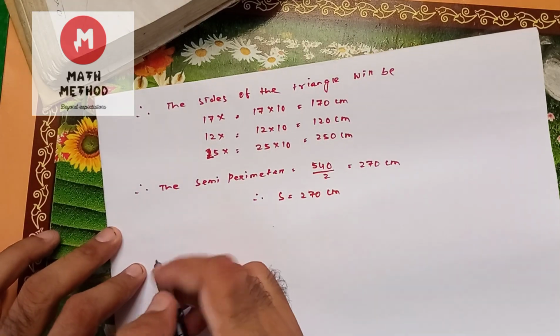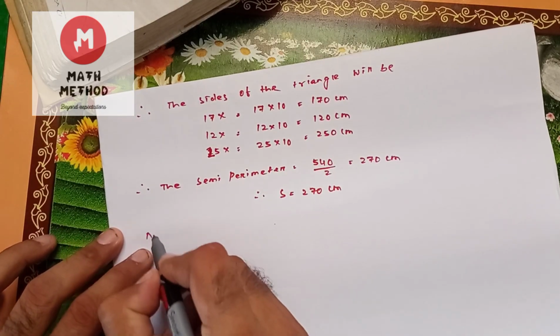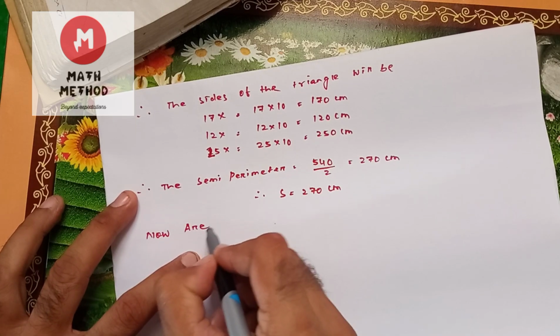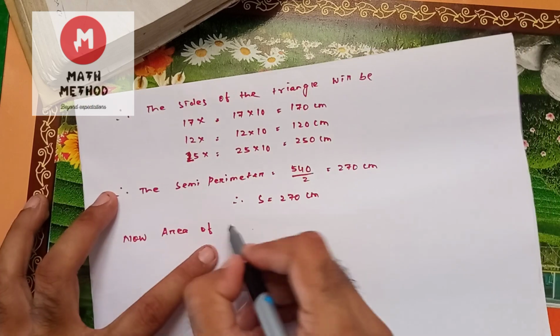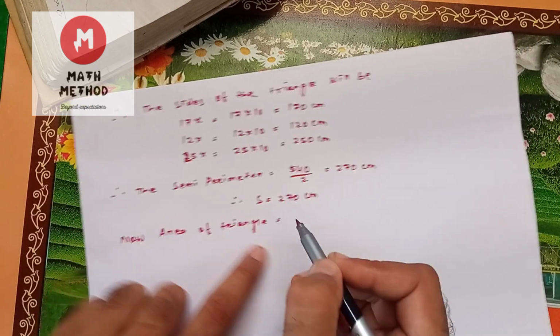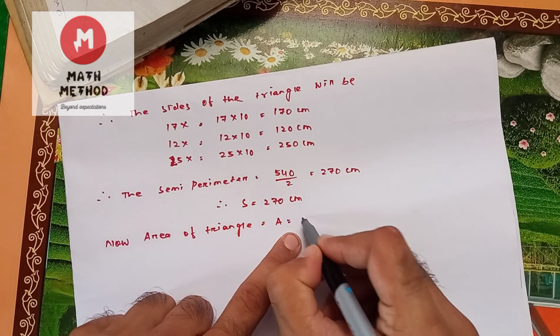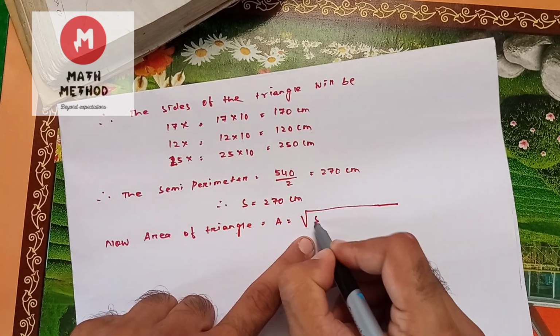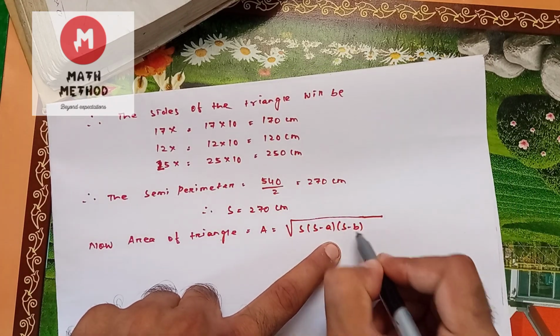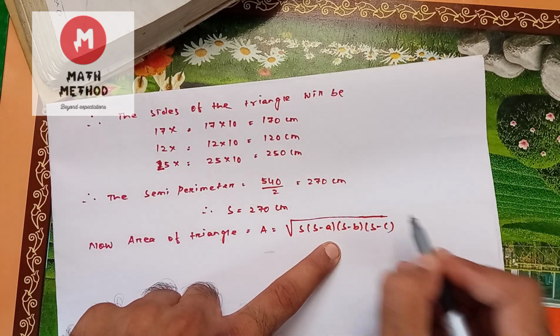Now area of triangle is equal to A, which is equal to root over s into s minus a into s minus b into s minus c.